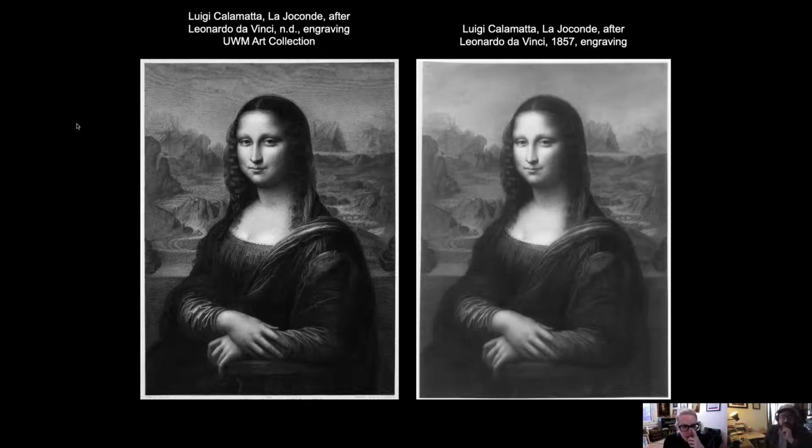The image of this print that's in the UWM art collection is not super high res, so I want to see it in person before I make any definitive claims. But down there at the bottom, on the bottom right and left, very faint, wow. And this is common.